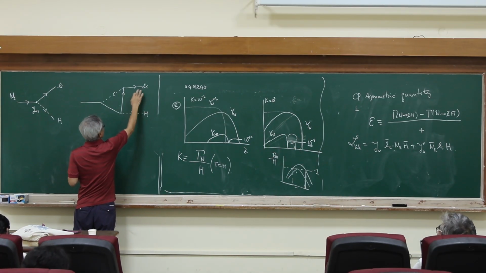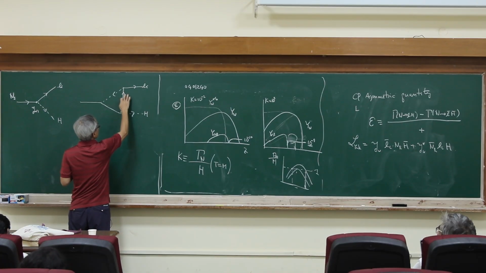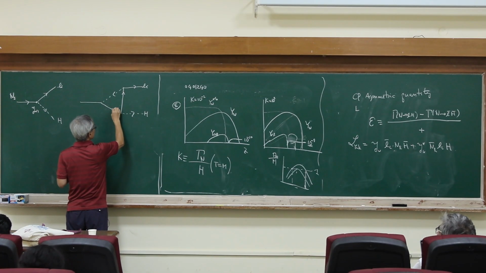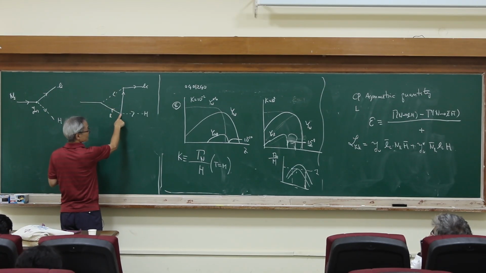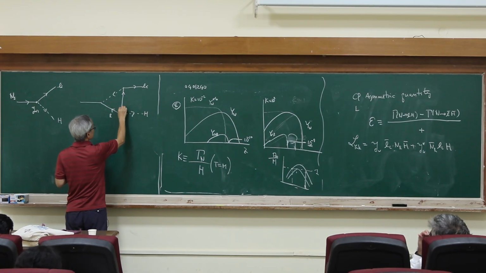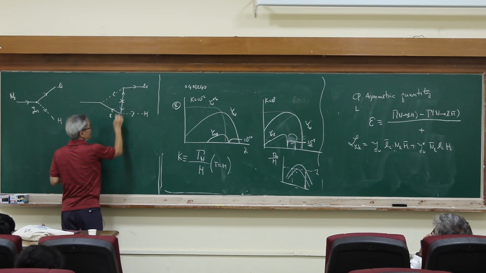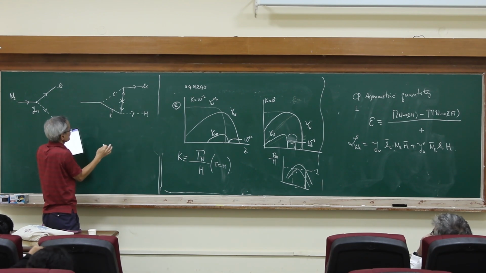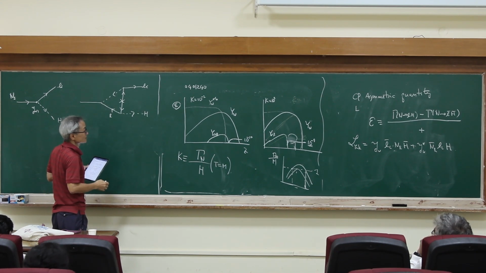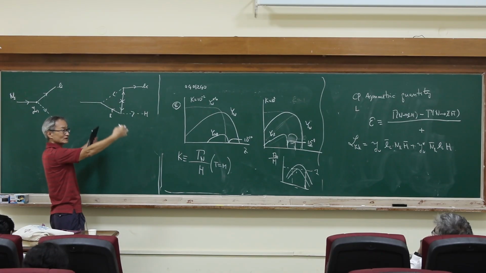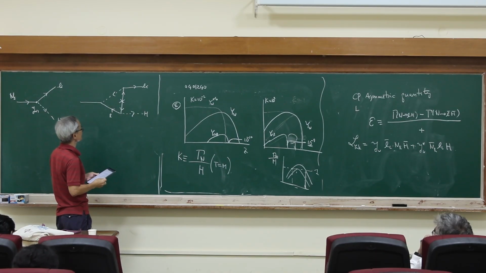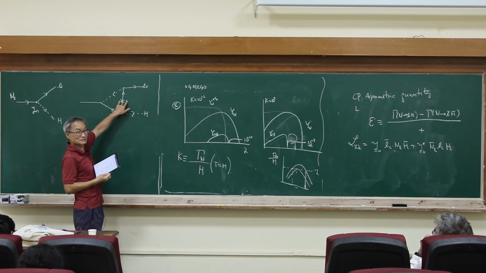So L going out, N comes in, H going out, and here H going out, should also have L go out from the vertex, and then N should come in. Of course, this is a schematic way of understanding it. If you do the amplitude calculation, you will see this diagram will pick up the mass term in the propagator.